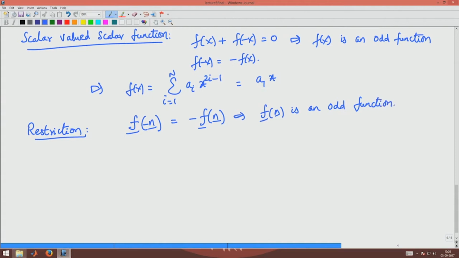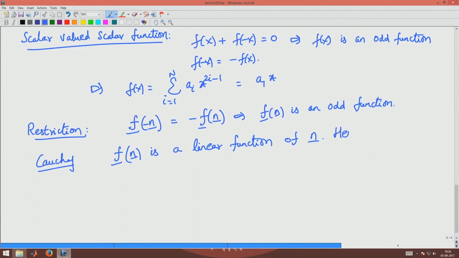In particular, what Cauchy has shown is that this f as a function of n is a linear function of n. You will understand what you mean by a linear function of n shortly.